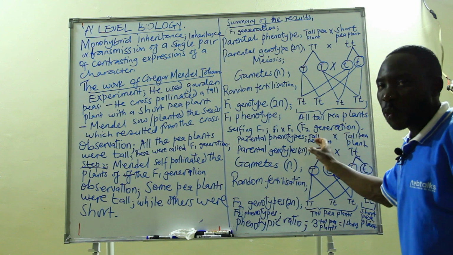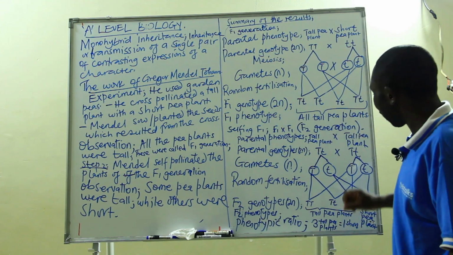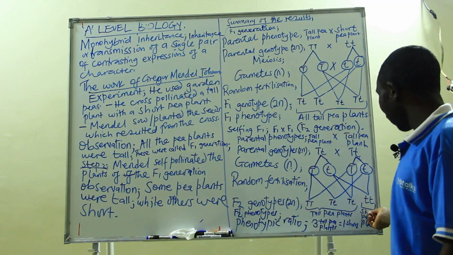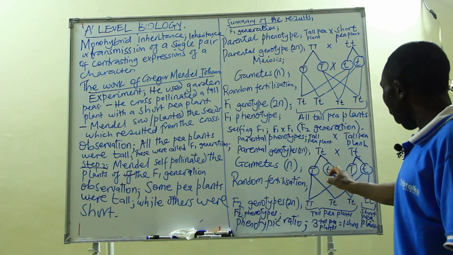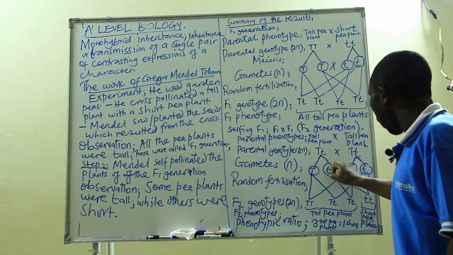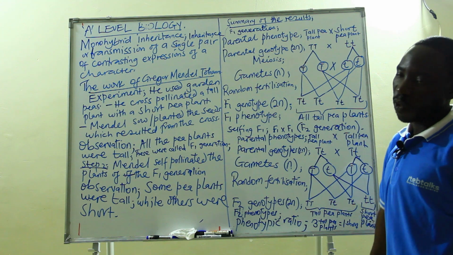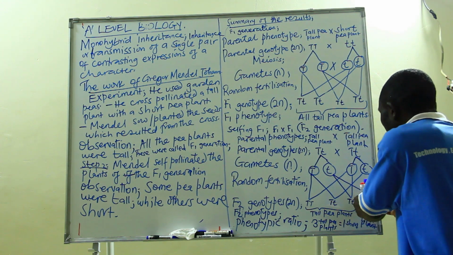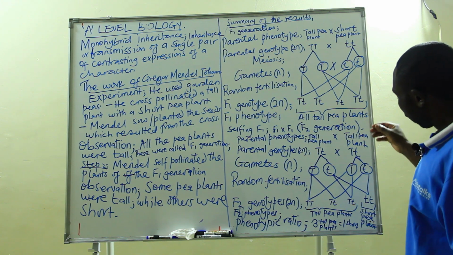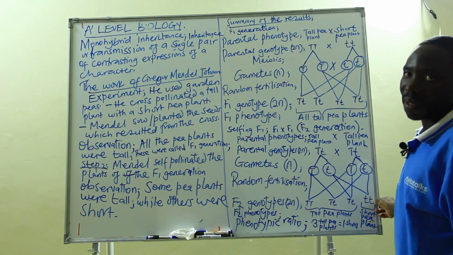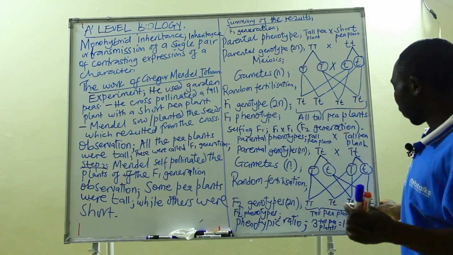So, on crossing the heterozygous F1 individuals, the character can now show when two recessive alleles from either parent fuse at fertilization, or during random fusion of gametes, and then we produce some plants which are short.